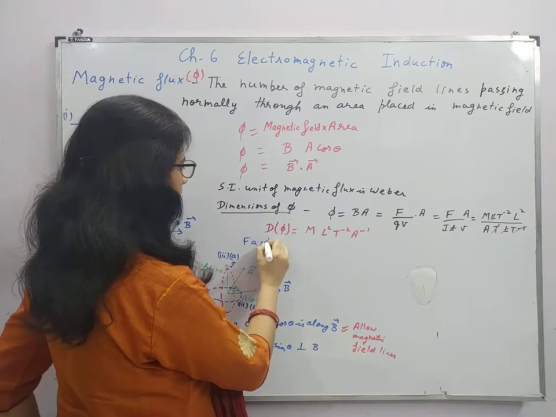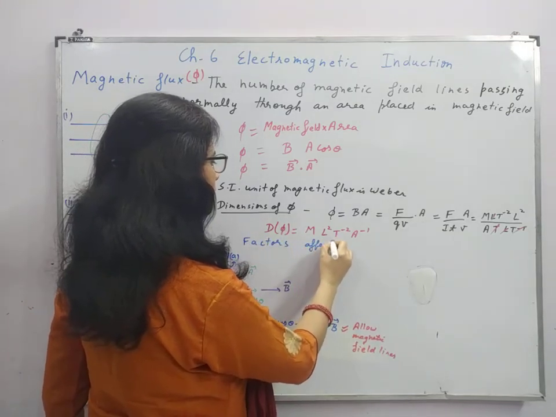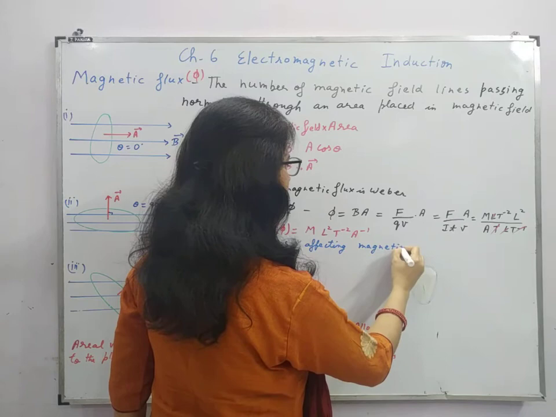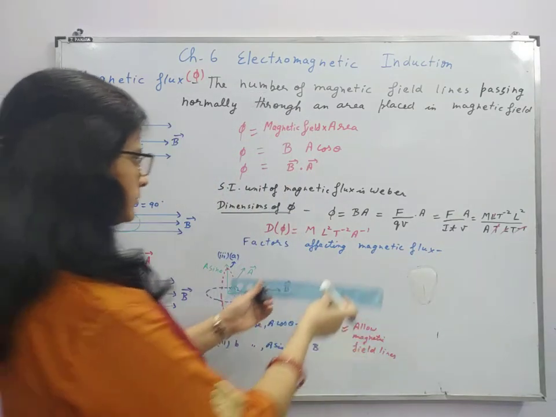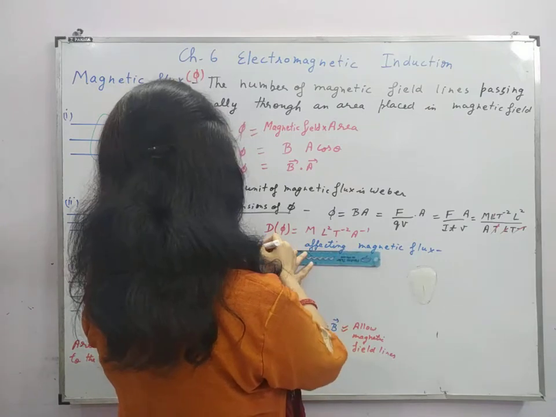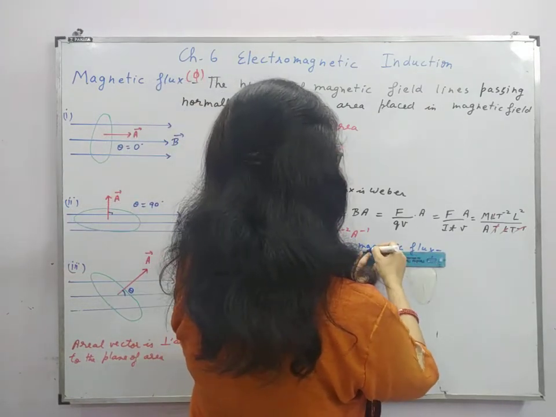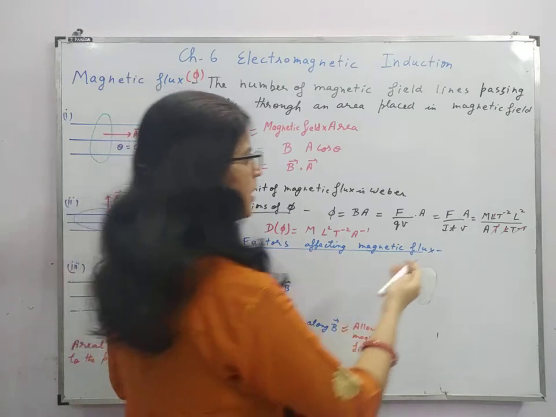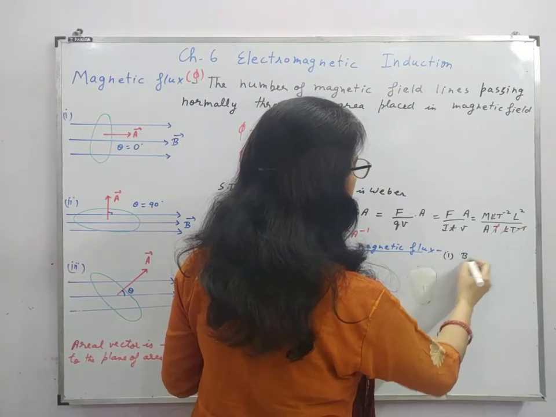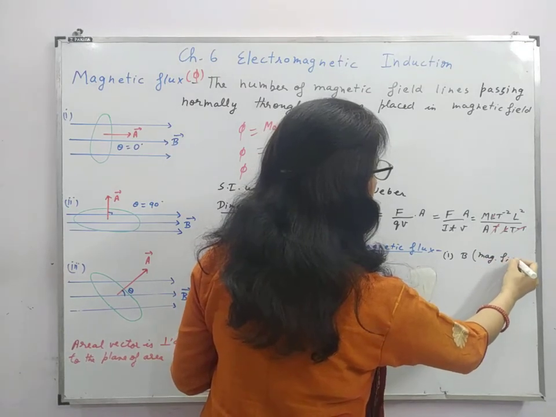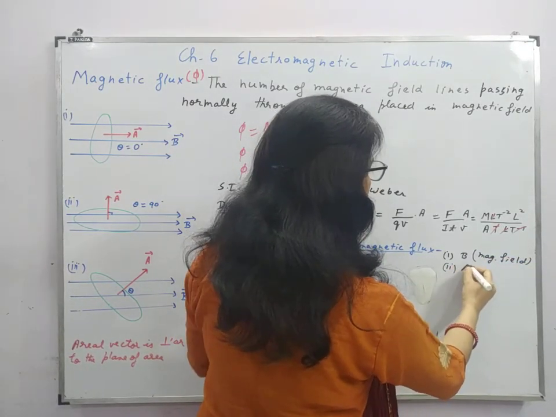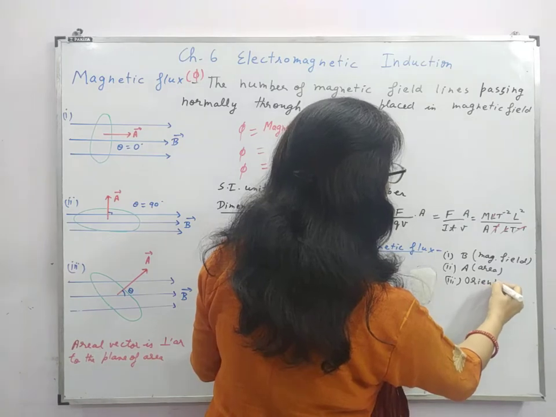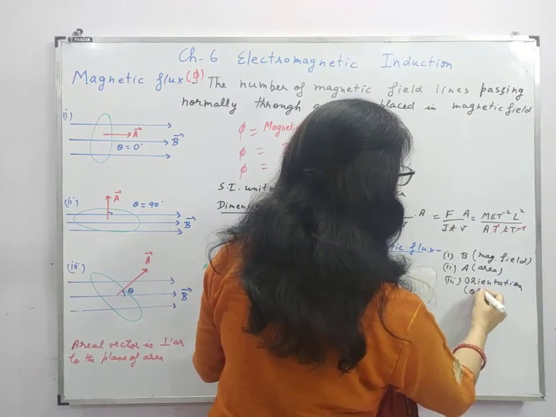As is clear from the formula, the factors are: first, magnetic field; second, area; third, orientation of the coil, that is theta.